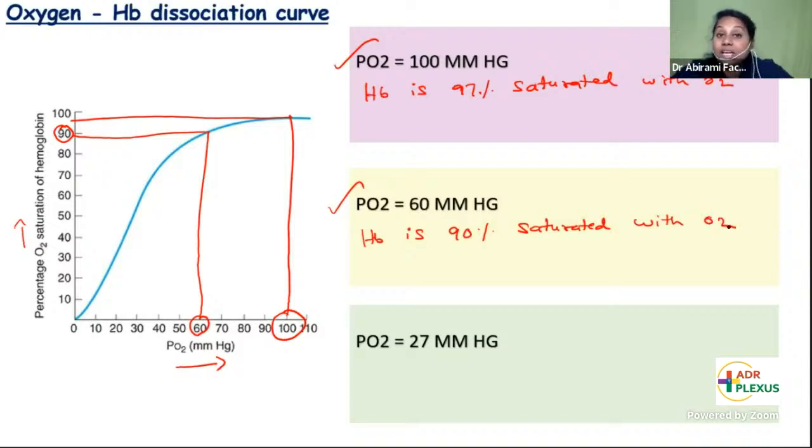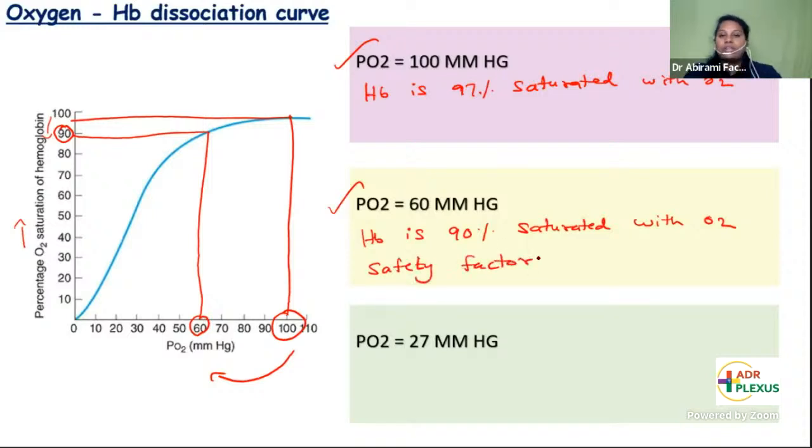So what does this tell you? Even though your partial pressure of oxygen falls from 100 to 60, saturation is not affected that much. It only falls from 97 to 90. So this is called your safety factor.